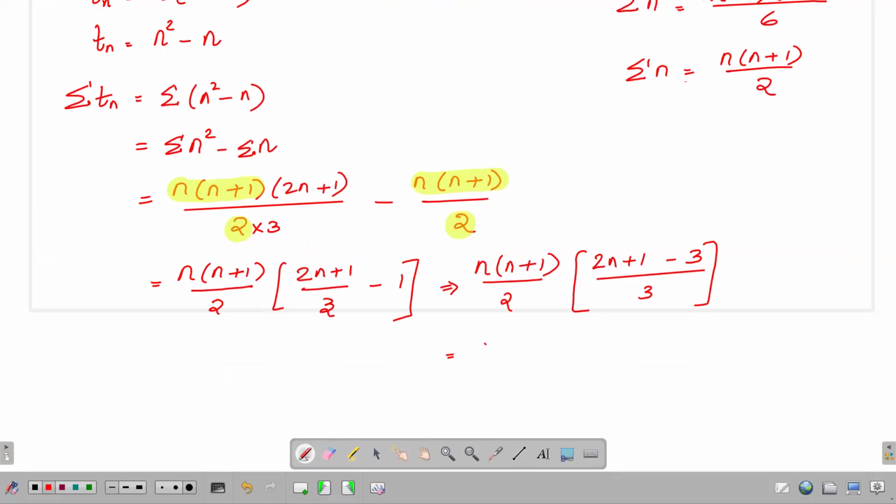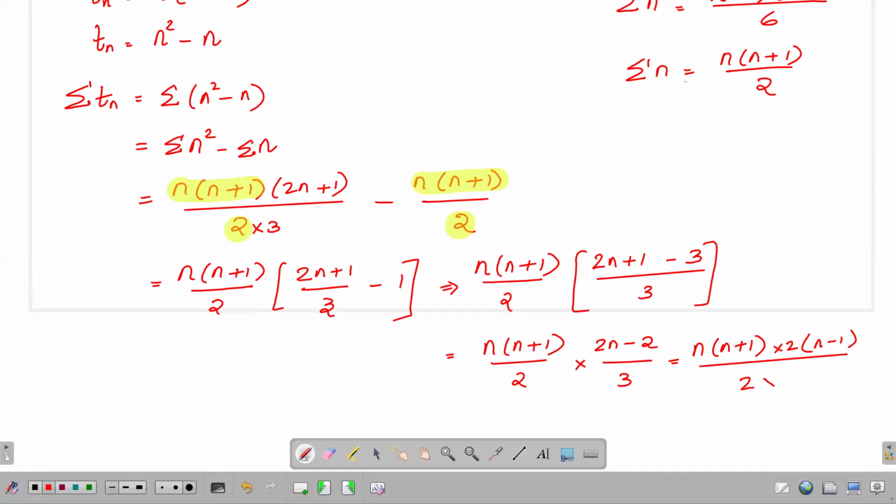This can be considered as n into n plus 1 divided by 2 into 2n plus 1 minus 3, which is nothing but 2n minus 2 whole divided by 3. If you further observe closely, there is a 2 the common factor here, which I can take out. Then this will now become n into n plus 1 into 2 times n minus 1 whole divided by 2 into 3.